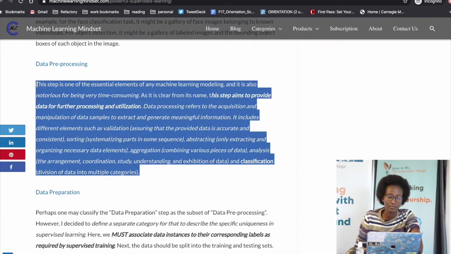Yeah, so like they say, data pre-processing is really going to be based on your use case. What do you want to do in the end? And how can you prepare your data to get ready for the model that is going to be trained on it?